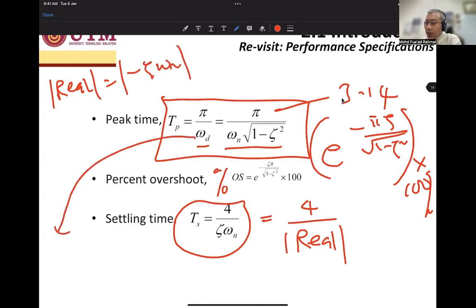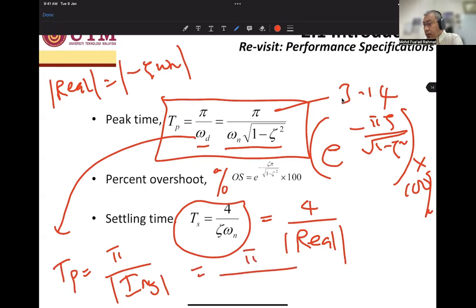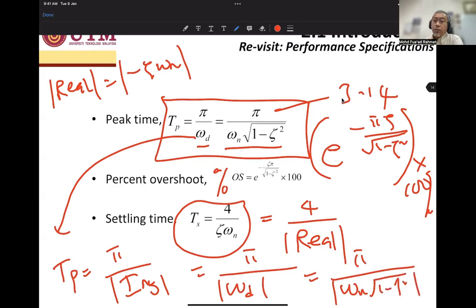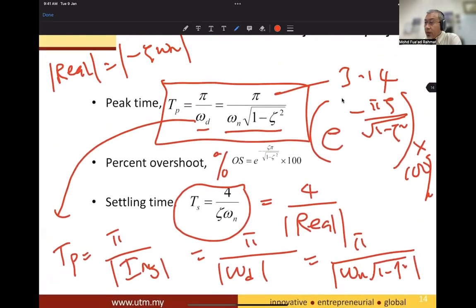And for the peak time, it is pi divided by the imaginary part, so in this case pi divided by omega d, or pi divided by omega n times the square root of 1 minus zeta square. Take the magnitude of the value: if the value is negative, we take the modulus so it becomes positive. So we get the time value. Okay, understand?